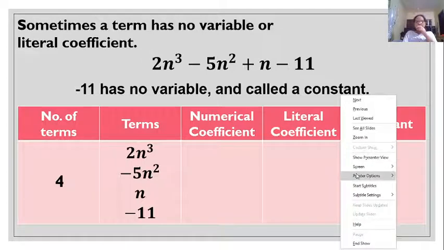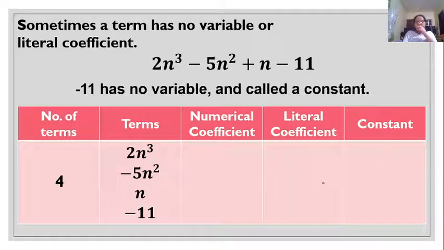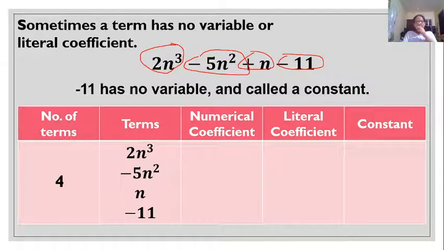So as you see, the signs of the terms are the operations that precede them. So for 5n squared, its sign is negative because the operation that precedes 5n squared is minus. So in here, n is positive because the operation that precedes it is plus, and we have negative 11. So the first term here is positive.